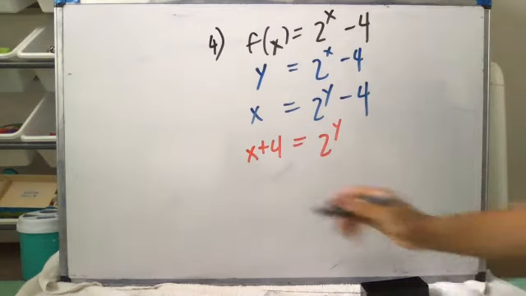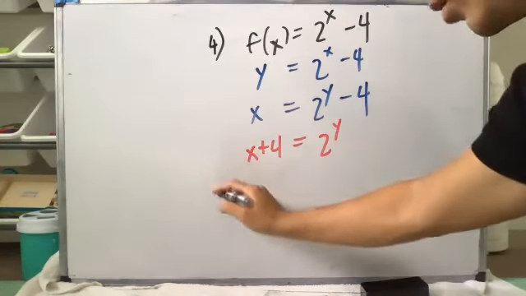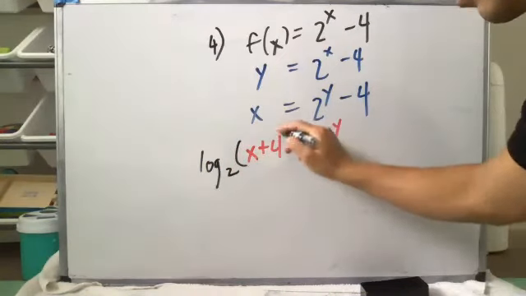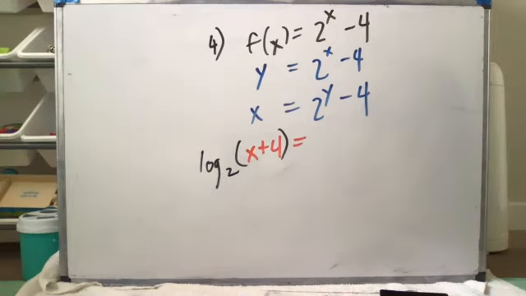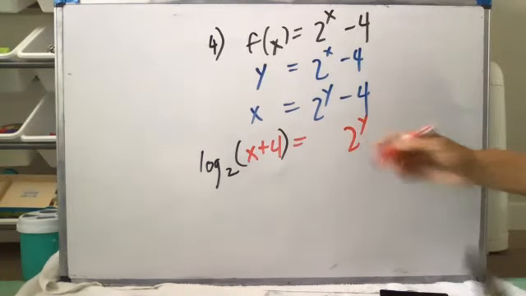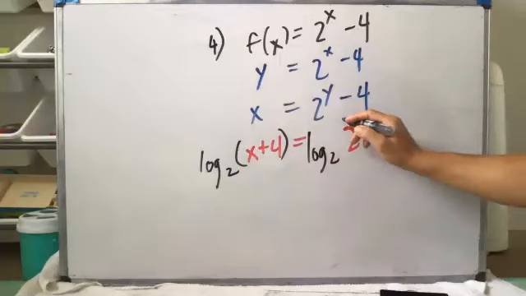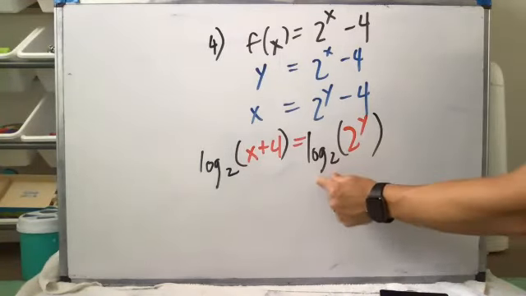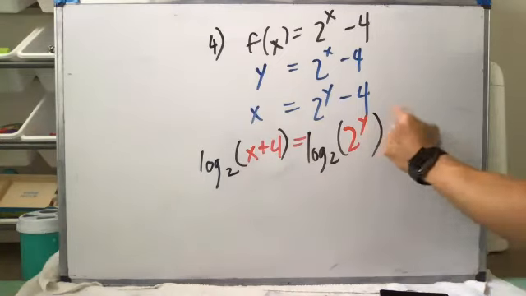And now I'm going to apply that inverse idea. So what I'm going to do is take the log base 2 of both sides. So log base 2 of this, let me just shift this over so I have space. And then I'm going to take log base 2 of this guy. But the whole idea here is applying the inverse function gets rid of this exponent. So I just pull down y.